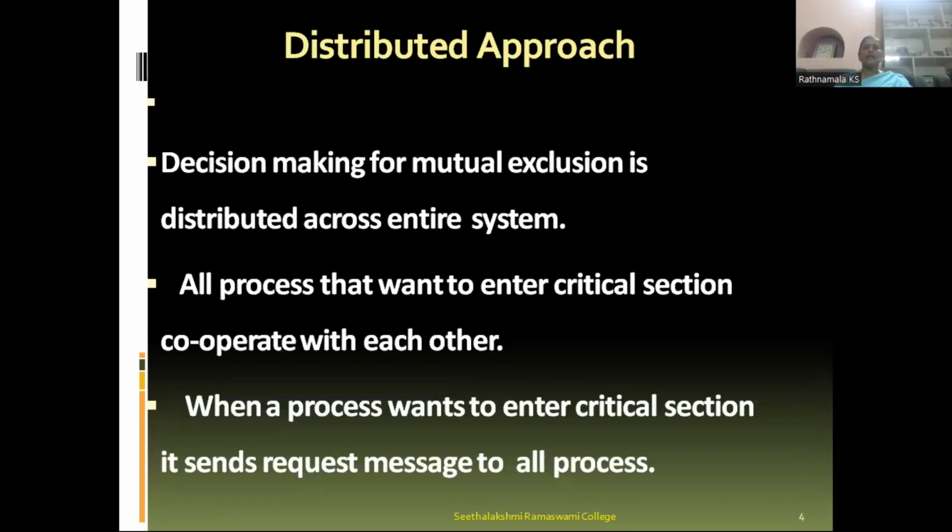The next one is the distributed approach. This is a somewhat democratic approach, so here all the processes are given equal power or permission. That is, the decision making for mutual exclusion is distributed across the entire system. All the processes which want to enter the critical section cooperate with each other. What is a critical section?